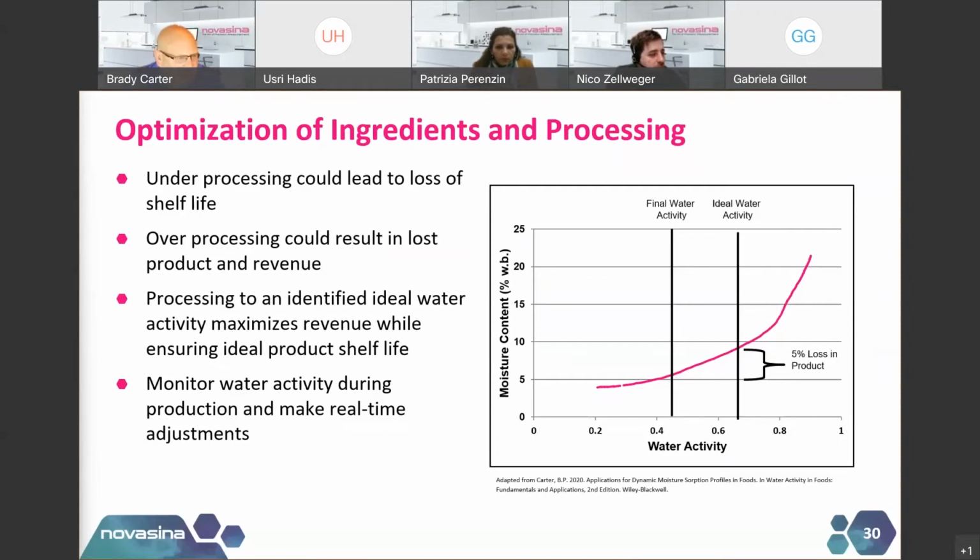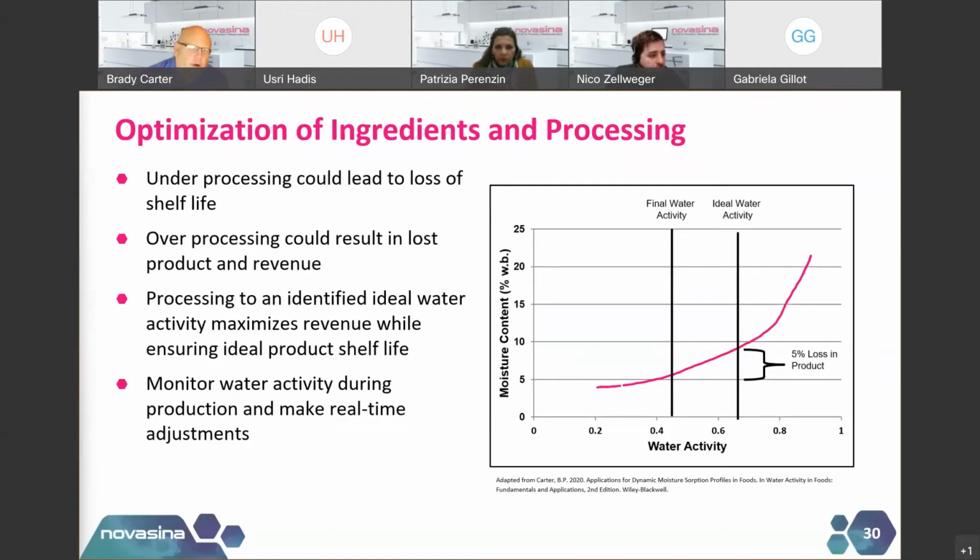With the understanding that if you over process or go too low of water activity, you're just losing product because you're over processing, taking water out, where water is the cheapest ingredient. But if you under process, you can also cause problems as well, making it perhaps susceptible to degradation from different types of reactions or from microbial growth.